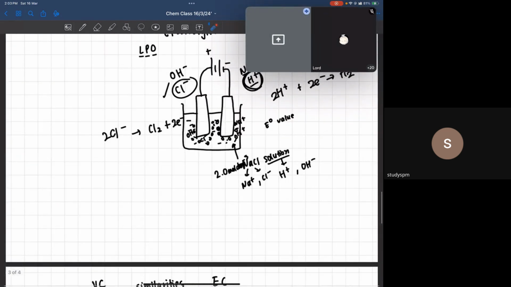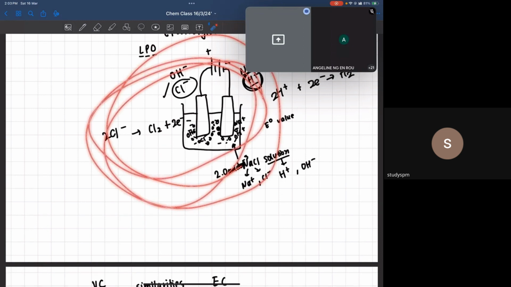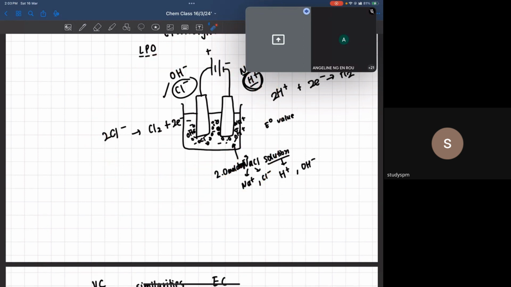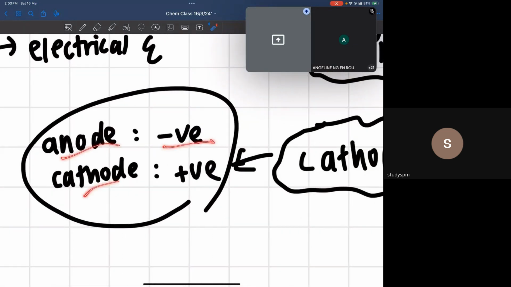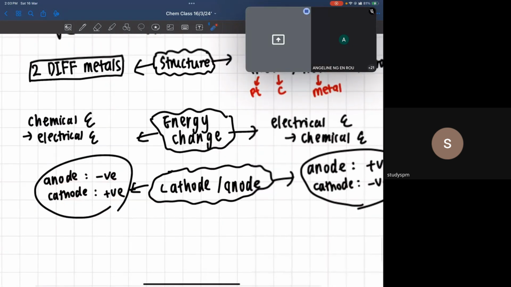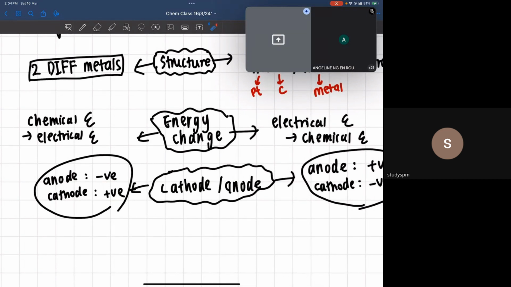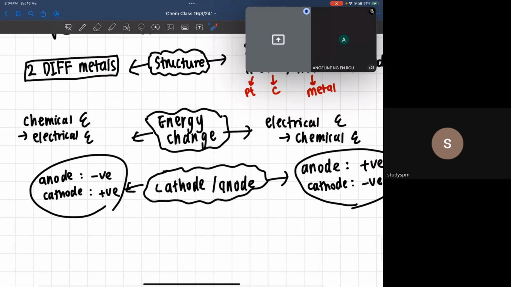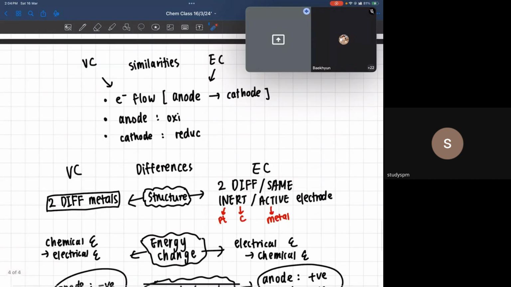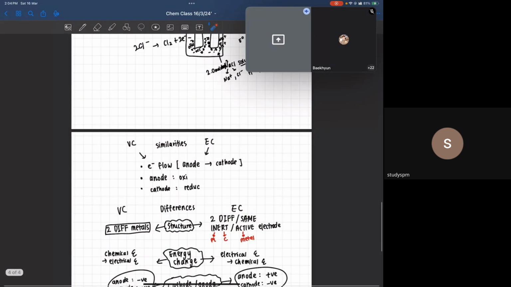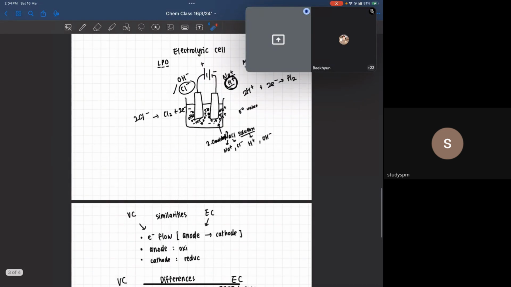If you don't know, or you are lost in the electrolytic cell part, it is a bit difficult to understand the reason behind it. But if you already know that for the voltaic cell, anode is negative and cathode is positive, then for the electrolytic cell you just reverse it. There's no big deal, because the two are different. So memorize one only, then the other is the reverse, which is also a good technique to memorize. But if you want to understand the reason behind it and not just memorize, then you can use this method.